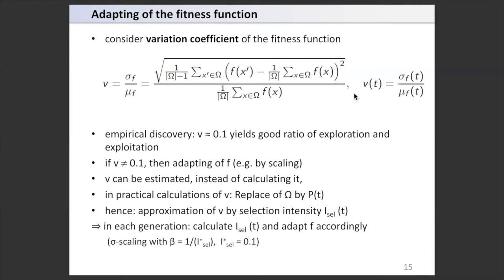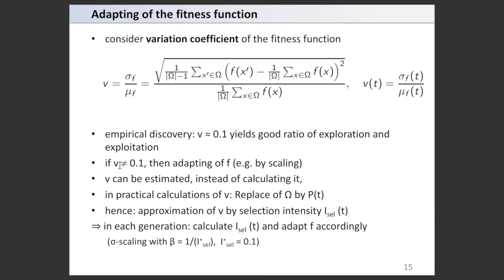At that time, we can define the variation coefficient as the standard deviation of the population divided by the mean value of the fitness values of the population. Empirical discovery shows that if the variation coefficient is around 0.1, this yields a good ratio of exploration and exploitation.